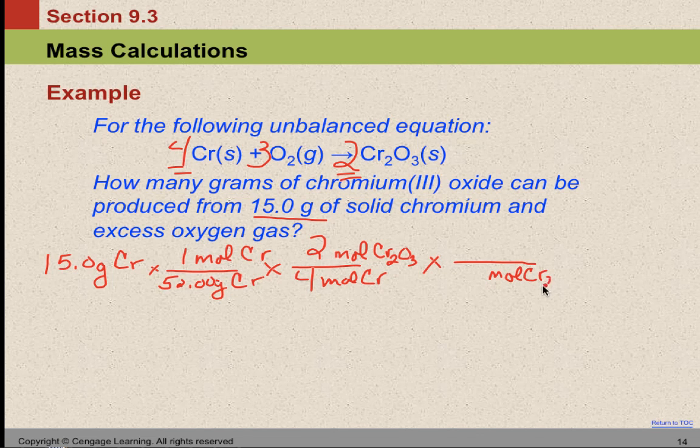So, chromium-3 oxide moles, how do I relate that to grams of chromium-3 oxide? Molar mass. Add 2 chromiums, 3 oxygens together. You should come up with a molar mass of 152.00.